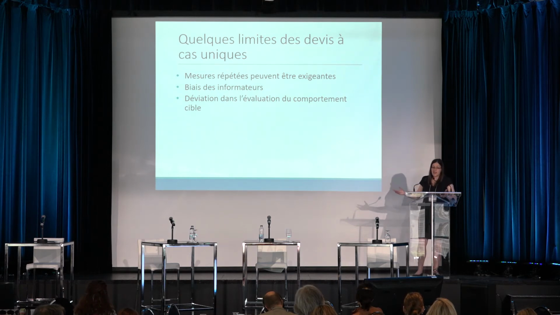It's worth the investment. And another limit is the deviation in the assessment of the target behaviour. This is generally noted when we have these repetitive measures. Generally, people start to change the way of assessing things. It happens with teachers when you have these measures that are repeated over time. This can be another problem. There may be some deviations that creep in, but there are solutions once again.